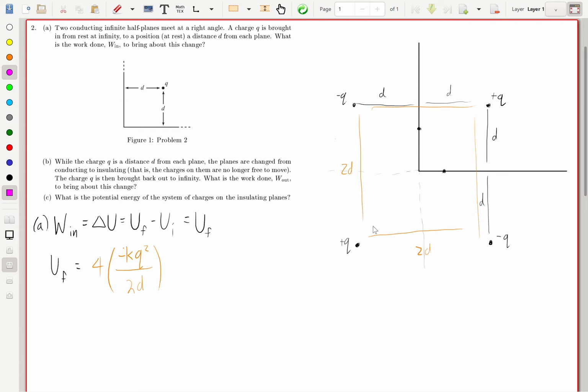But there's also 2 interactions diagonally. So let's add 2 times positive kq squared, because the charges are equal to each other, and the distance here is given by Pythagoras' theorem to be the square root of 2d squared plus 2d squared, and we get 2 root 2 d.